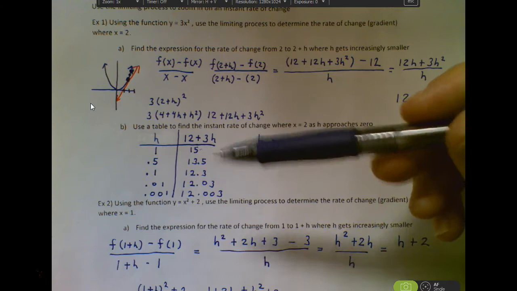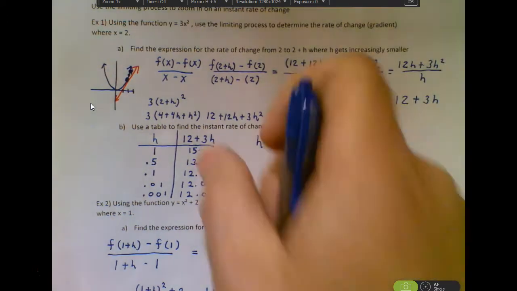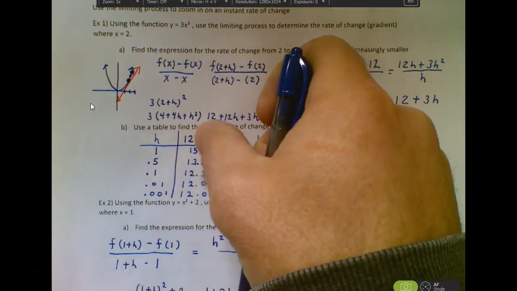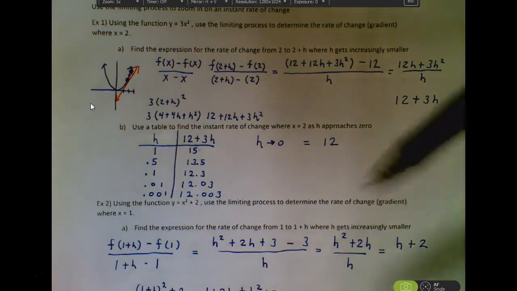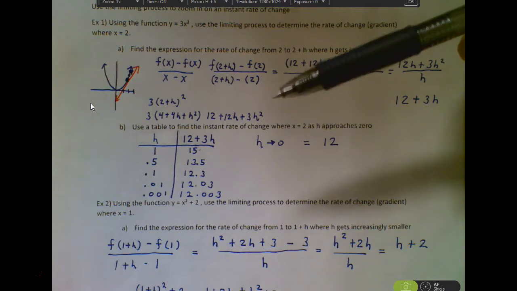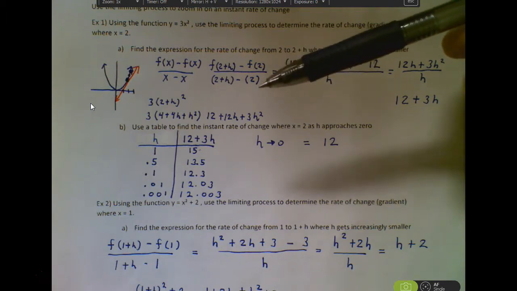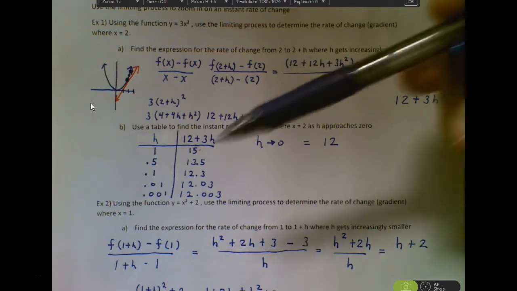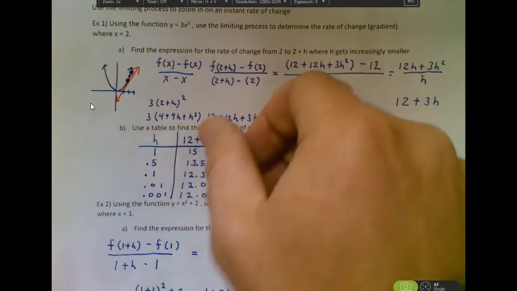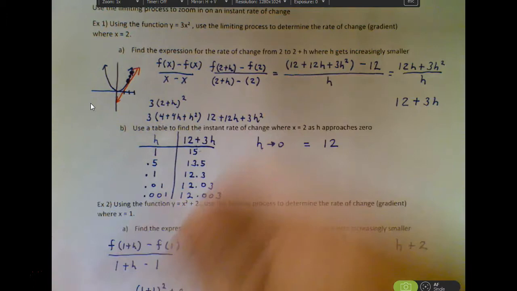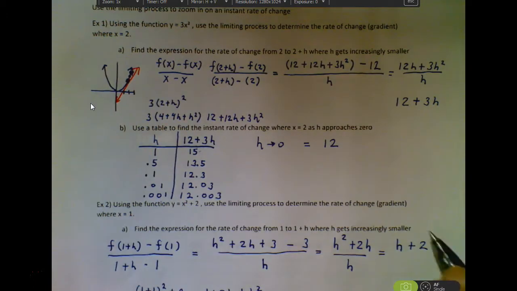And so as h became 0, we could see that really all we are left with is 12. And so that's how we can identify that the instant rate of change, or the slope, or the gradient at where x is 2 is simply 12, because that's where h was 0, and that's all we were left with. And so we're using that idea to get a derivative in today's lesson.